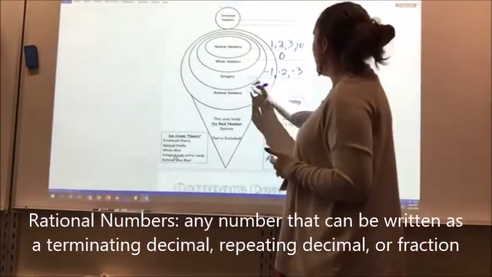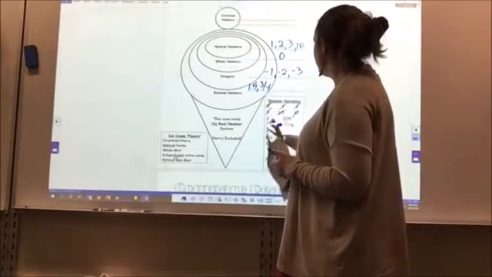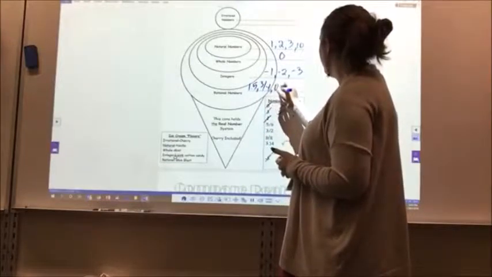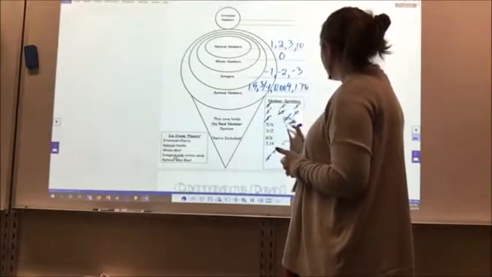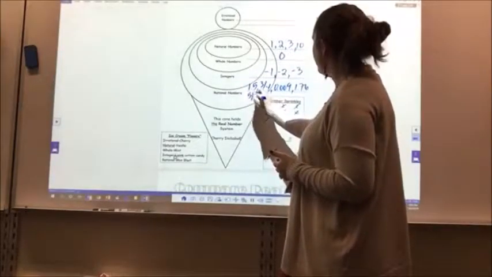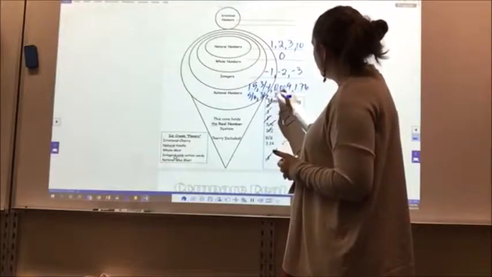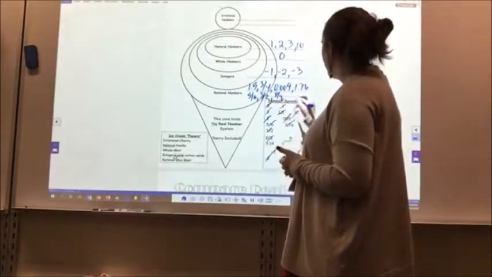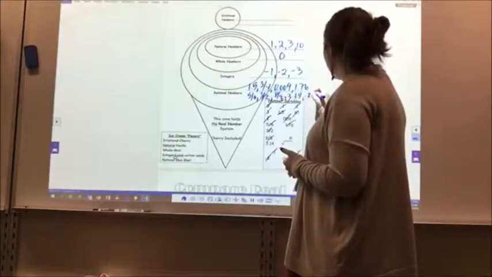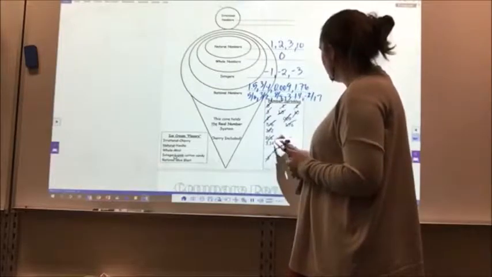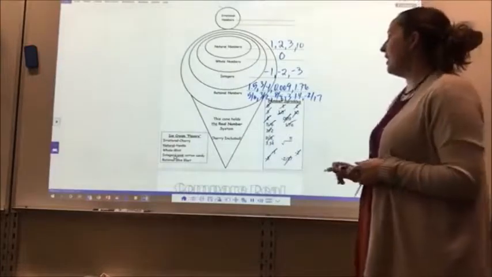So 1.5, rational. 3/4, 0.009, 1.76, 5/6, 3/2, P over Q, 3.14, and negative 2/17. Those are all rational numbers, okay?